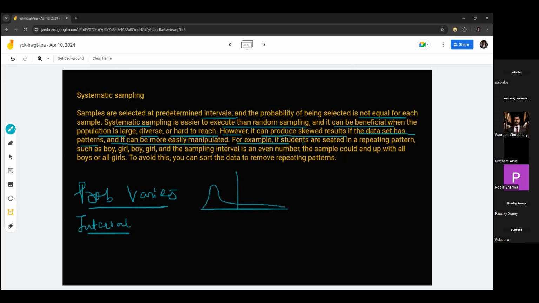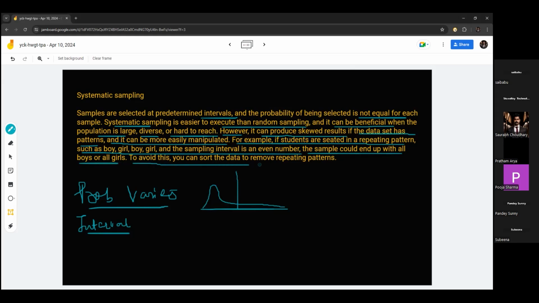For example, if students are seated in a repeating pattern such as boy, girl, and the sampling interval is an even number, the sample could end up with all the boys or all the girls. If you are selecting only the even numbers, you will end up getting all the boys, so you will miss the girls. It's better to avoid this.